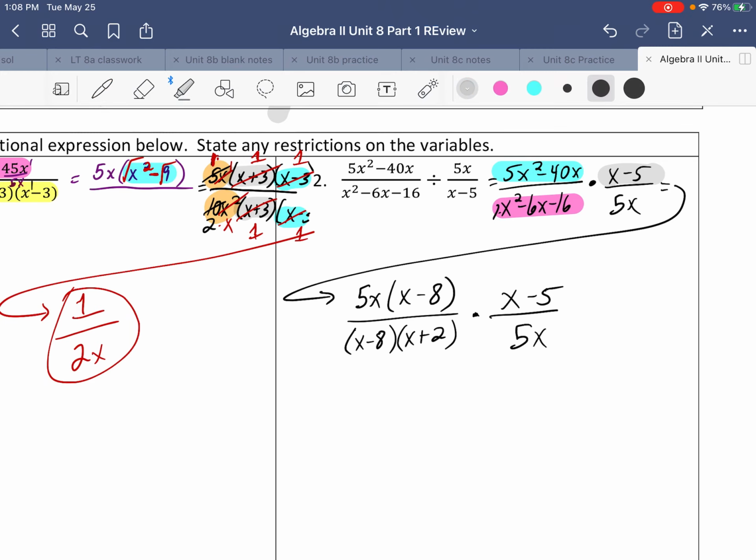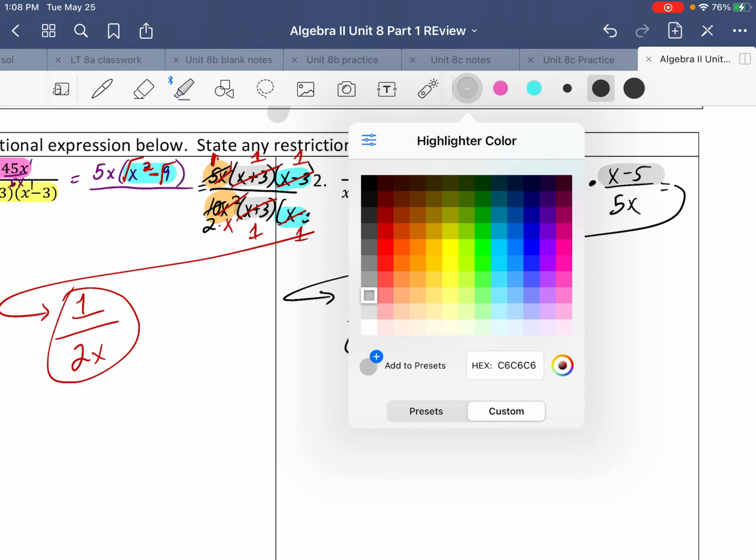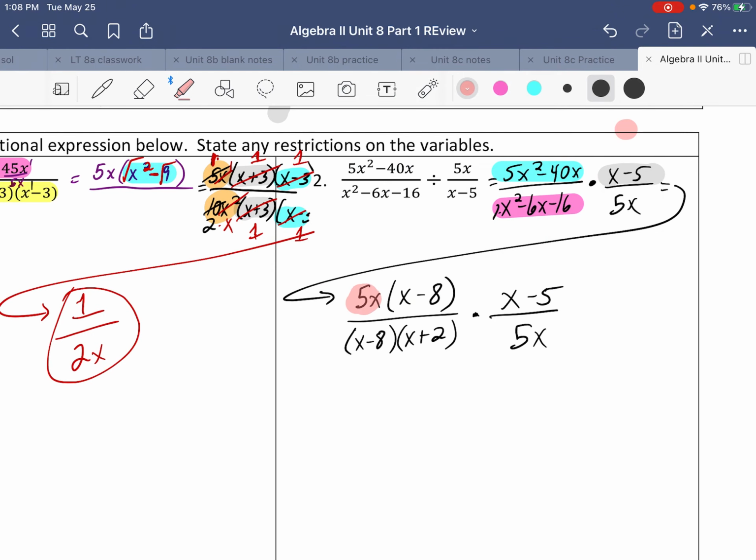Now let's look at our numerators and denominators. We have 5x, a monomial in the denominator. Doesn't have to be exactly the same. In this case, it is 5x. And with multiplication, you're going to treat this as one fraction.